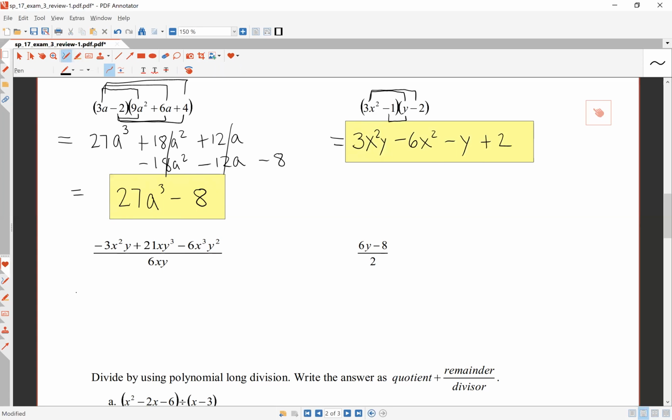Next problem, negative 3x squared y plus 21x y cubed minus 6x cubed y squared divided by 6xy. So for this one, we distribute the 6xy to all three terms in the numerator.